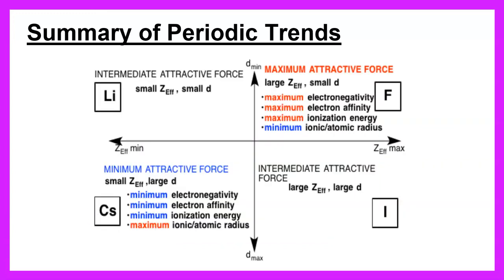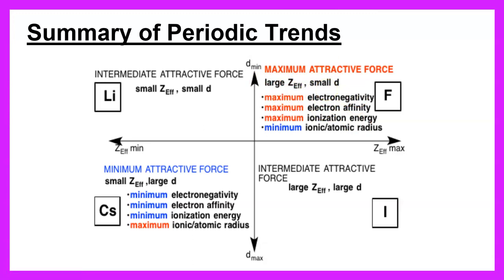I really like this chart though, because this one is emphasizing the attractive forces between the nucleus and the electron, and in AP Chem we talk a lot about that. So this was the four quadrants of the periodic table. The top right corner tends to have the largest attractive forces because we have a very strong nucleus and a very small diameter, small radius, right?